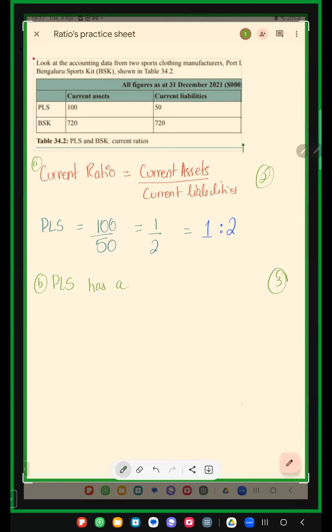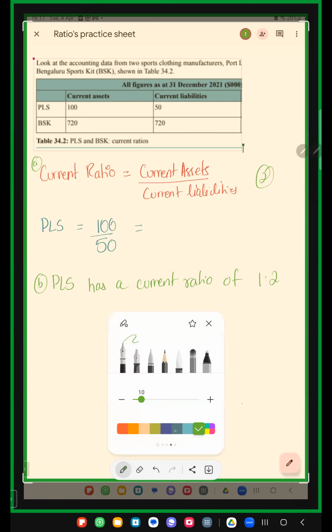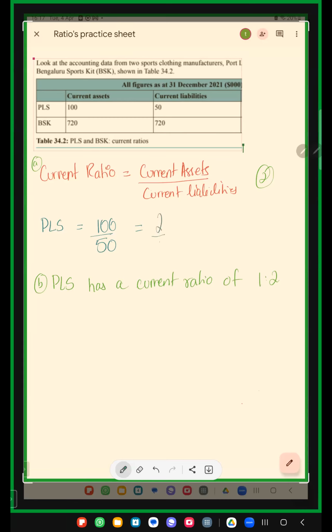has a current ratio of 2 to 1. 100 divided by 50 is 2, so 2:1.